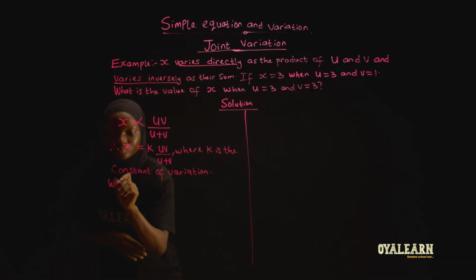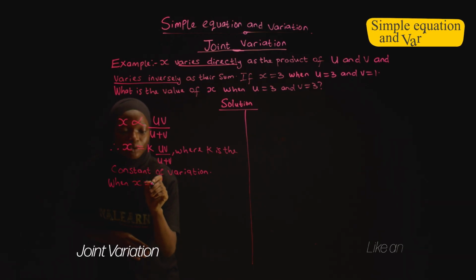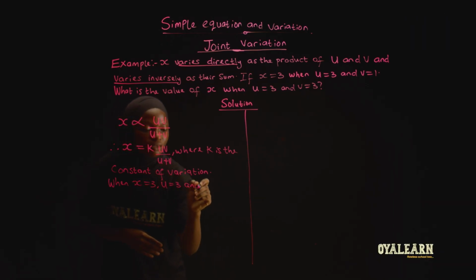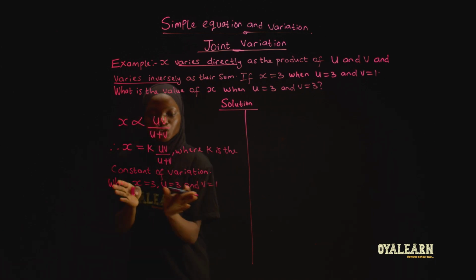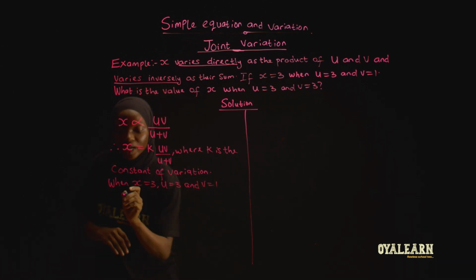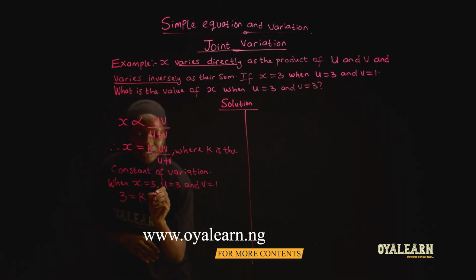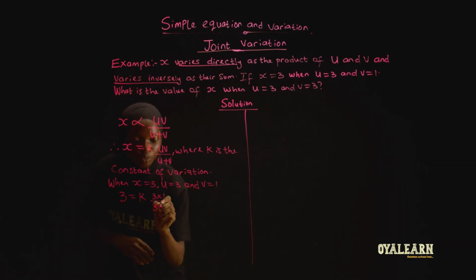So when x equals 3, u equals 3 and v equals 1, we substitute all these values inside this equation. So we'll be having 3 equals k times uv over u plus v, that means 3 times 1 over 3 plus 1.